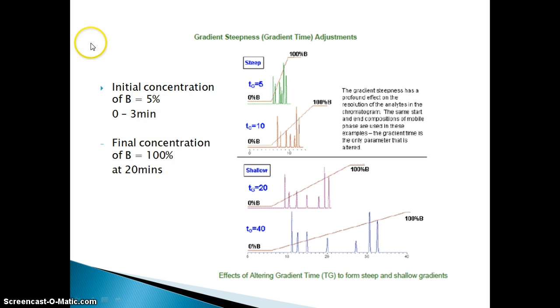For our experiment, the initial concentration of B will be 5% from 0 minutes to 3 minutes, and the final concentration of B will be 100% at 20 minutes. We should also take into account the gradient steepness. You can see from this diagram that the steepness helps separate the peaks and make them more distinct.